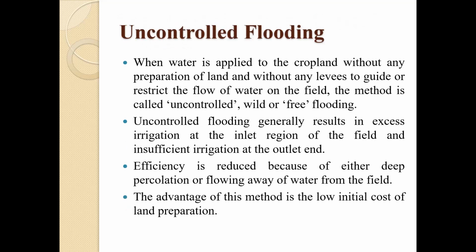So the uncontrolled flooding. When water is applied to the cropland without any preparation of land and without any levees or to guide or to restrict the flow of water on the field, the method is called uncontrolled, wild, or free flooding. Uncontrolled flooding generally results in excess irrigation at the inlet region of the field and insufficient irrigation at the outlet end.